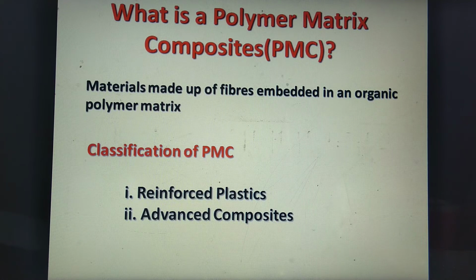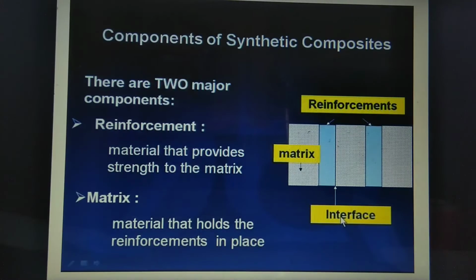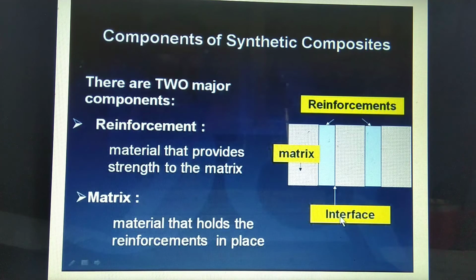Regarding the properties of polymer matrix composites, there are two major components. One is the matrix, and the other is the reinforcement. The matrix is a polymer which is a continuous phase and is classified as the weak link in a polymer matrix composite structure. Examples are polyethylene, nylon, polystyrene, polypropylene, polyvinyl chloride, epoxy, polyesters, etc. The second component is the reinforcement.